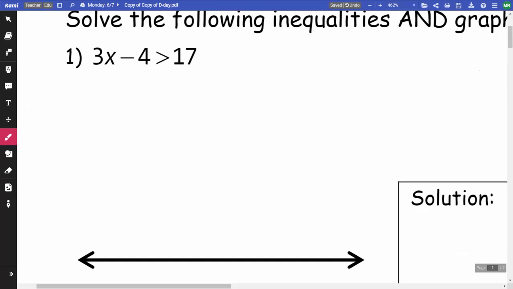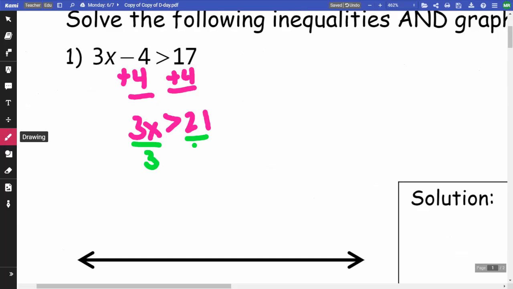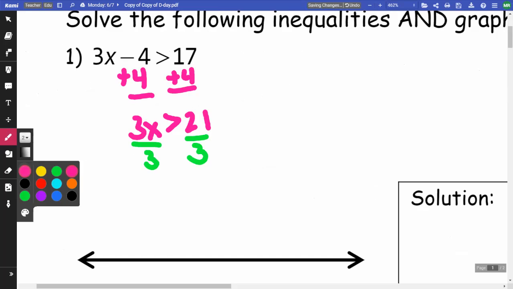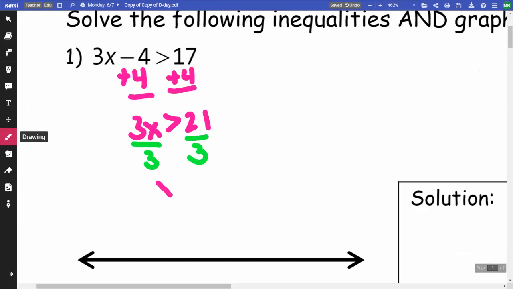So on number 1, I'm going to add 4 to both sides. I'm going to have 3x is still greater than 21. I am going to divide by 3. It is a positive 3, so I'm not going to switch the direction of my inequality.